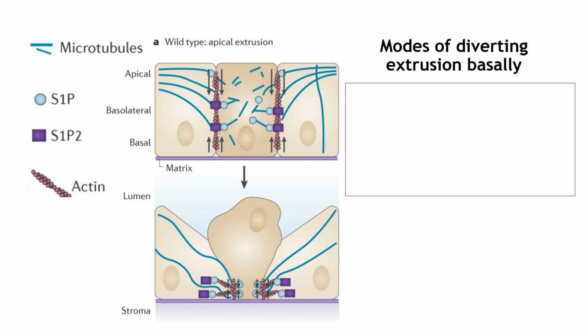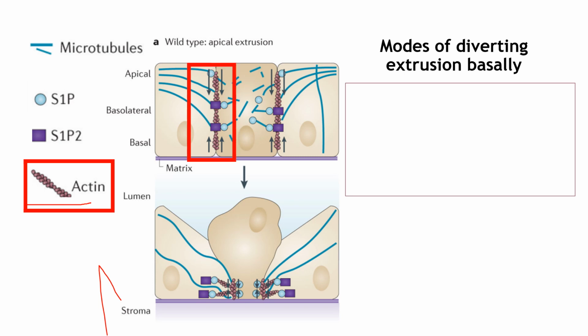Okay, so now the final part that they describe in this figure is what happened to the actin. I want you to take a look at what happened to the actin there. Actin was located from the apical to the basal area, in the boundary between the two cells.